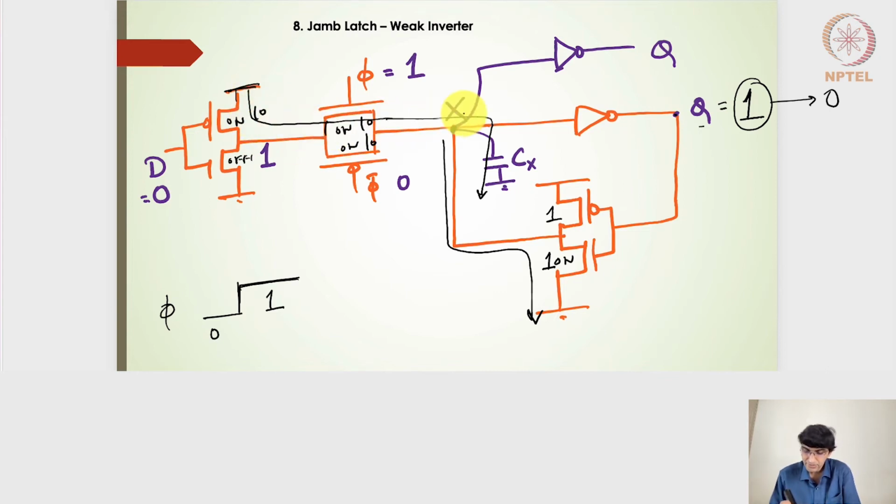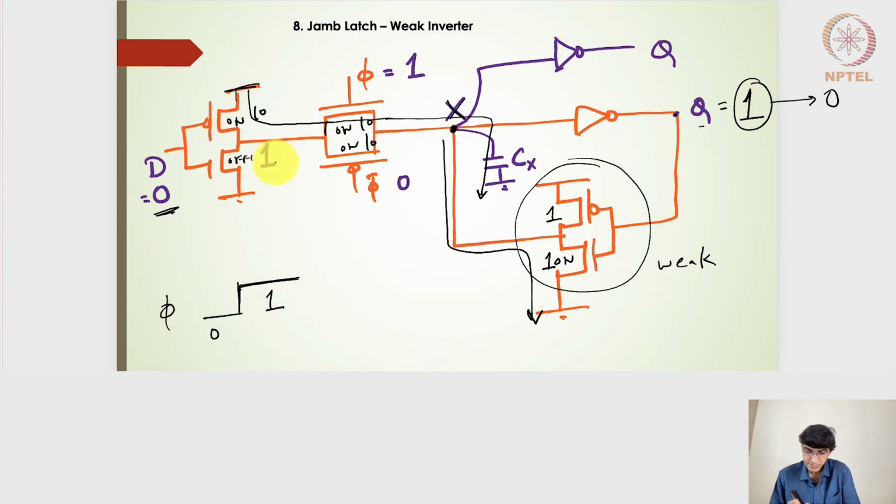So the current that will be passing for charging the X node is actually more, right? It is actually 10 times more than that of the current that is used for discharging the X node, right? So that's why I make this inverter a weak inverter, which will help in finally making the X node pass the input here, right?